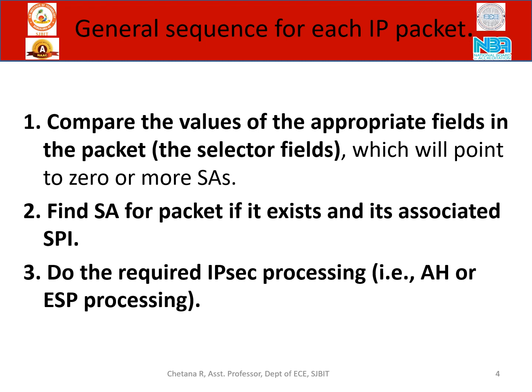General sequence of each packet. Compare the values of the appropriate fields in the packet, which will point to 0 or more SAs. So how exactly does each packet proceed? It checks the appropriate fields in the packet, the selector fields, and that selector field will point to 0 or to n number of SAs. So find the SA for the packet if it exists and its associated SPI.